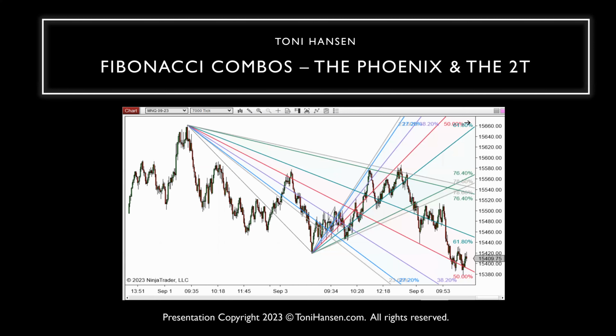Now, the problem with the first test here is just that it's too strong. Momentum's not really shifting as it comes into it. It does have a two-wave measured move, so it's still a really good level of resistance in terms of the trend, but it doesn't have the momentum shift that you end up getting with the 2T over here. So this ends up serving as a really strong continuation. Most of my trade came in here, where it had a smaller megaphone for the continuation on the downside.